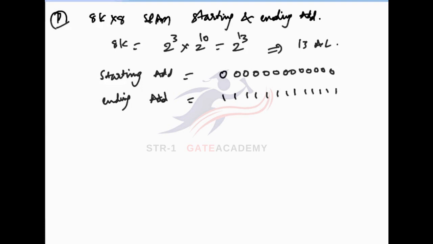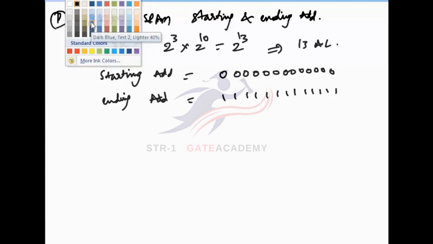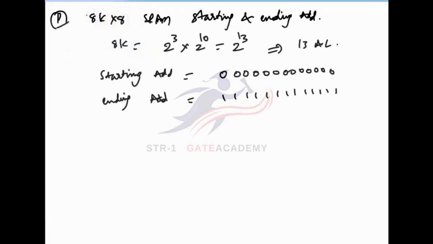Then address locations we always write in hexadecimal format. In hexadecimal format, I am separating 4 bits. First 4 bits are separated. Next 4 bits are separated. Then the next 4 bits.